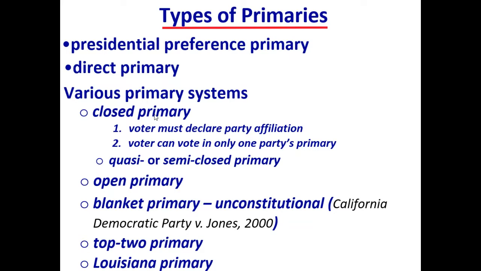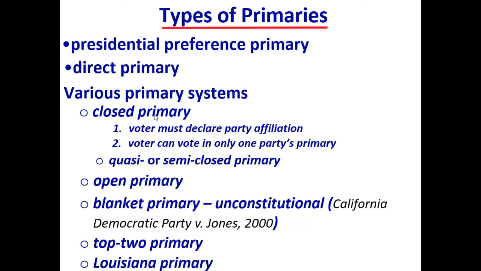Okay? So all I'm trying to alert you to is that I'm sort of on the outs on this. Most sources will probably tell you Texas is an open primary, but I'm a little uncomfortable with that. I'm going to suggest to you it's really a closed primary, or to be more accurate, a semi-closed primary.